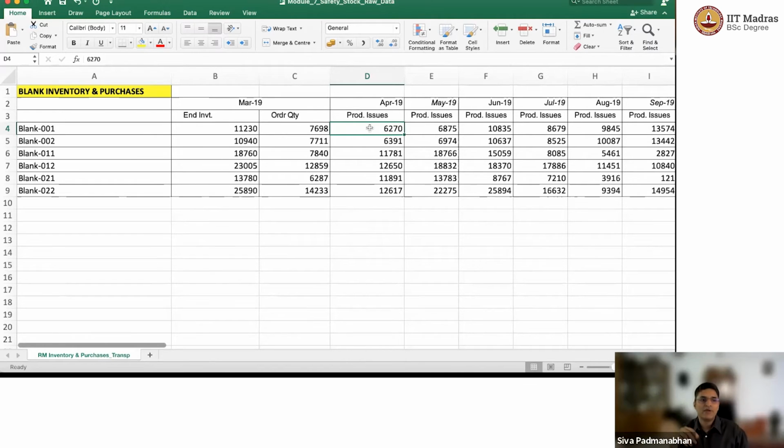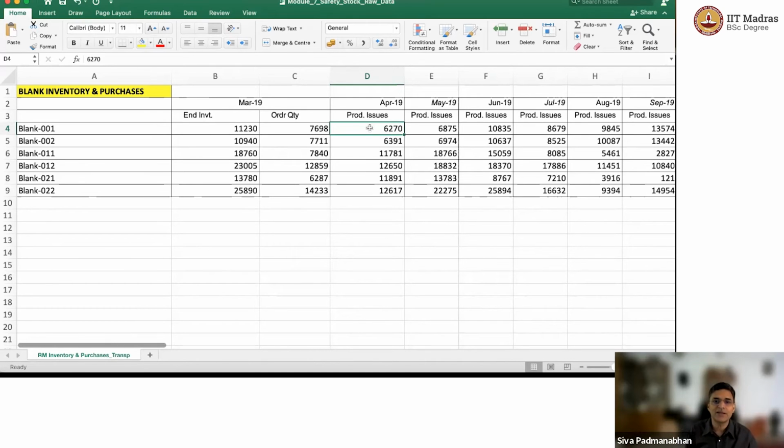Now, when we talk about purchasing, it is about placing orders to make sure that in time I get deliveries of my materials that can then be used for production. So what you see here is something called order quantity. An order quantity means how many units should I order with my supplier in a certain month, so that I will get that order quantity in the following month, right?